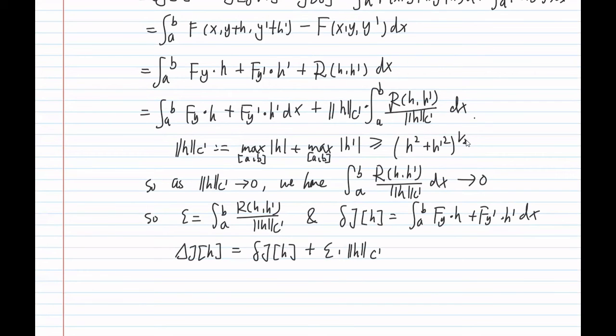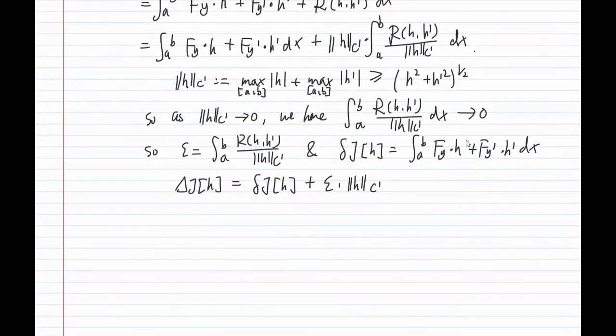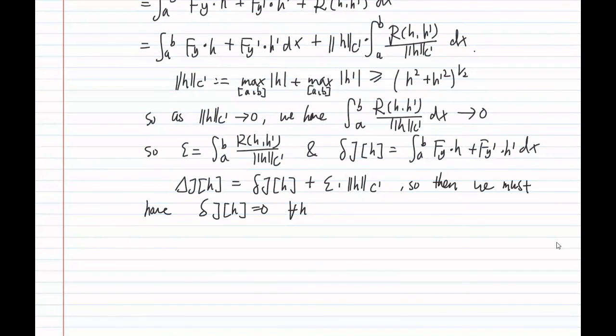So then recall that we proved this theorem that basically said that if the functional is differentiable and the functional achieves the extremum at the point y, then the first variation must vanish at that point. So then we must have delta j h equal to 0 for any h.